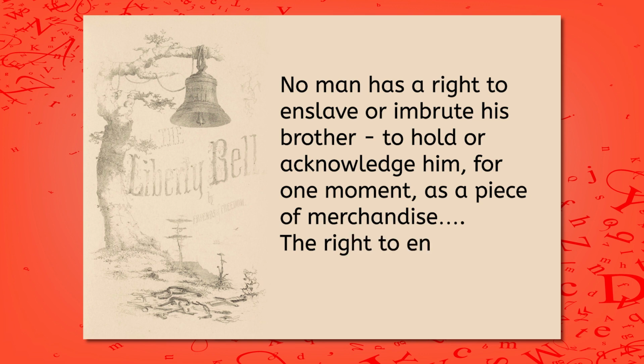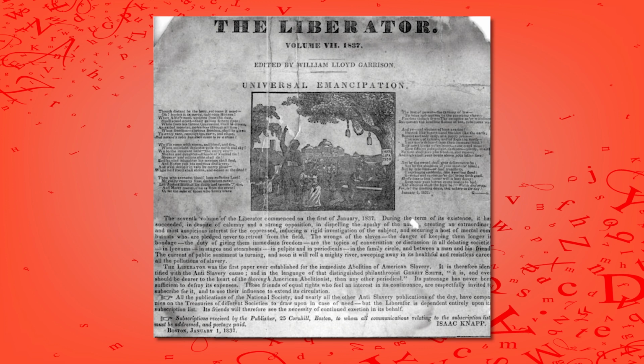The right to enjoy liberty is inalienable. Or in simpler terms, slavery stands in contrast to the liberty upon which this country was founded. Garrison also published a newspaper called The Liberator, which rapidly spread anti-slavery sentiments around the country.